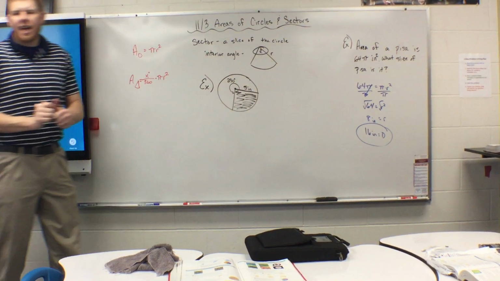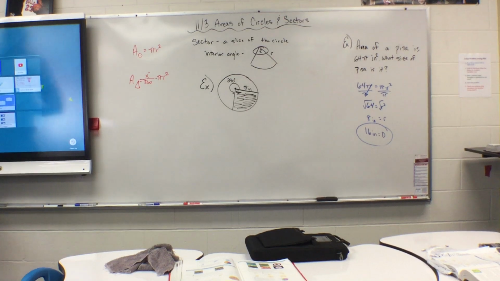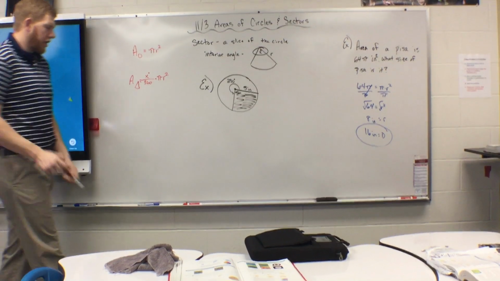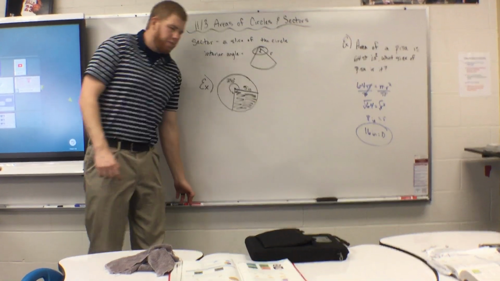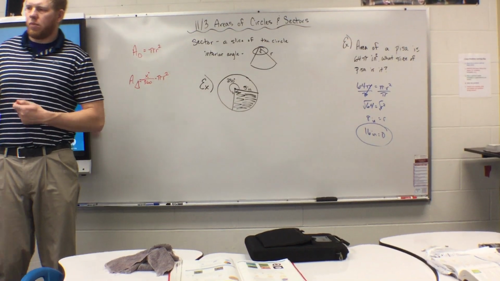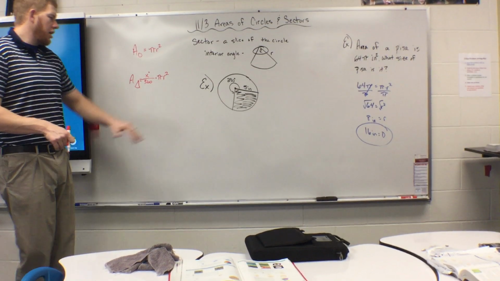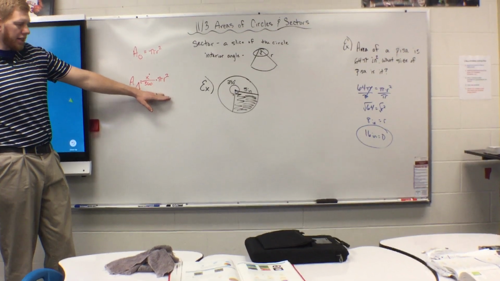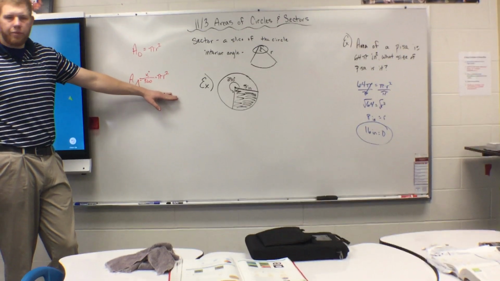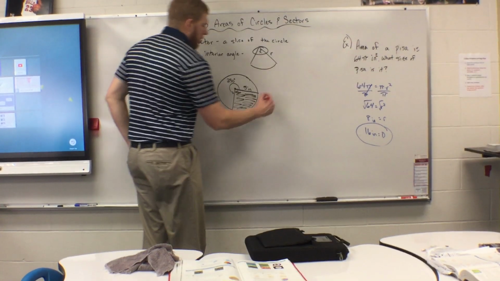So find the area of the shaded region. Again, A equals x over 360 times pi r squared.